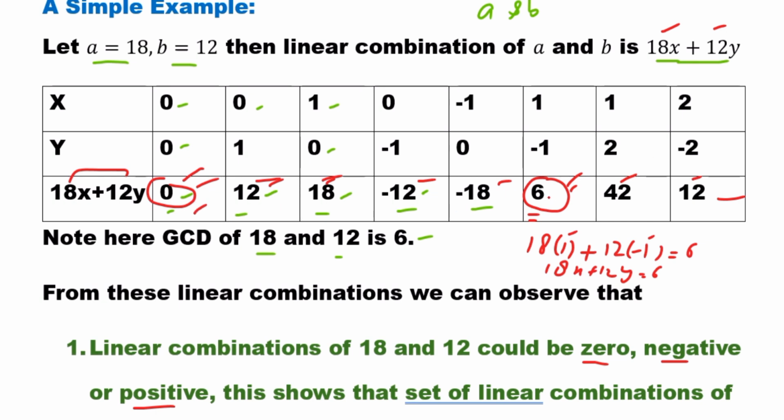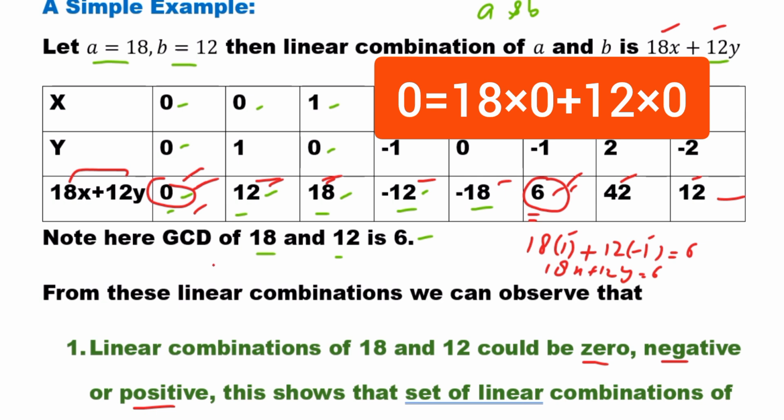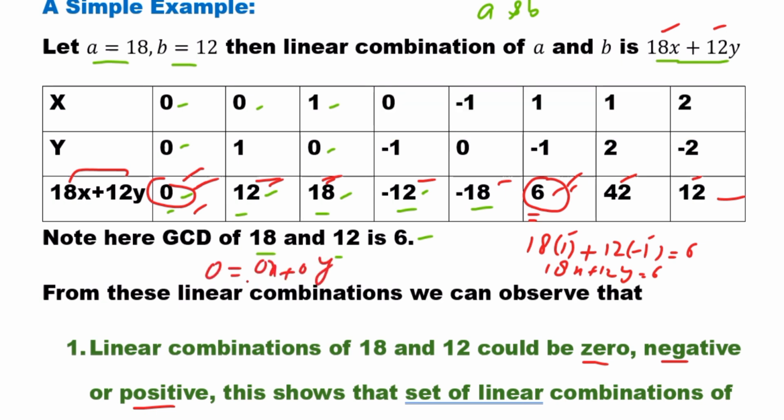The smallest positive linear combination is 6, that is actually the GCD of 18 and 12. Now the linear combination that is less than 6 is 0, that is 0 is equal to 0x plus 0y. This is the unique linear combination that is less than 6, but this is 0.